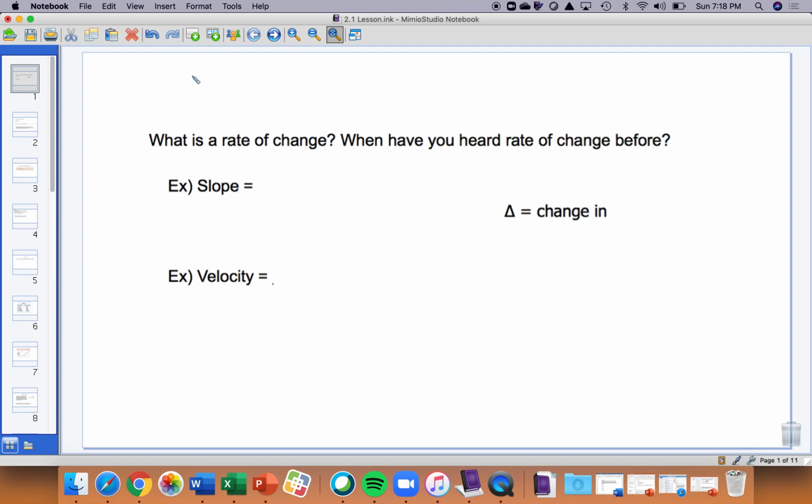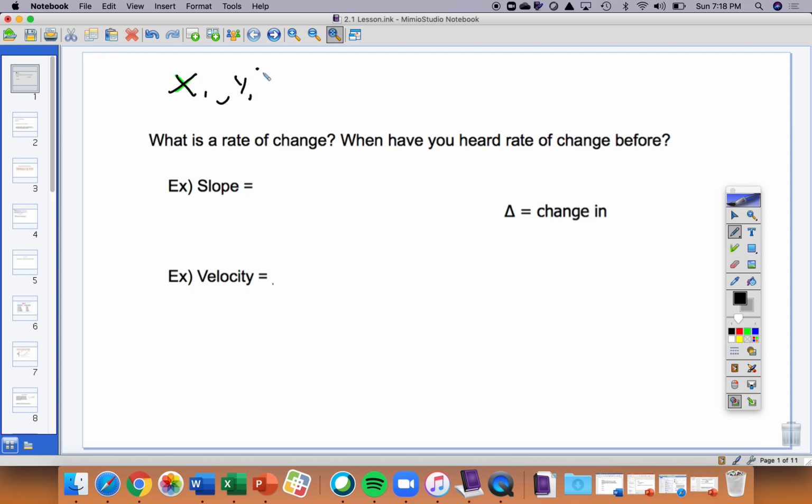So if I had 2 points such as x1, y1 and x2, y2, you all learned the slope formula back in 7th or 8th grade: y2 minus y1 over x2 minus x1, right?